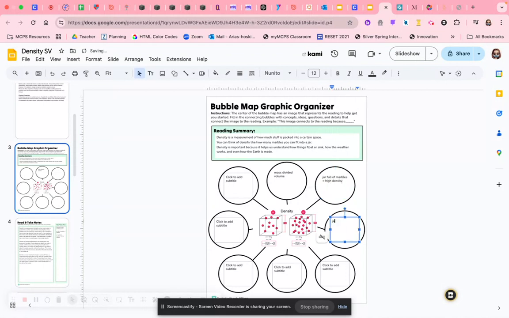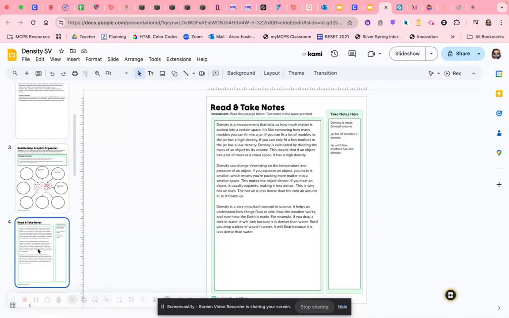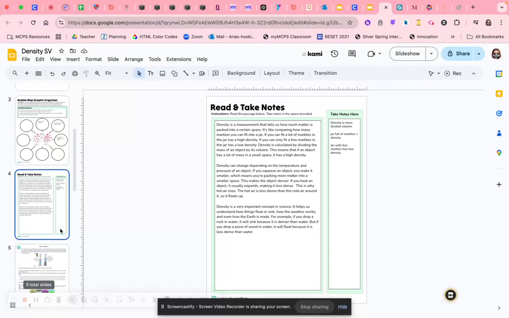Okay? Jar with fewer marbles equals low density. Okay? So you're going to fill out all the bubbles according to what it says on the text here. So you have 2 more paragraphs, for a total of what? 5 more bubble maps, okay?